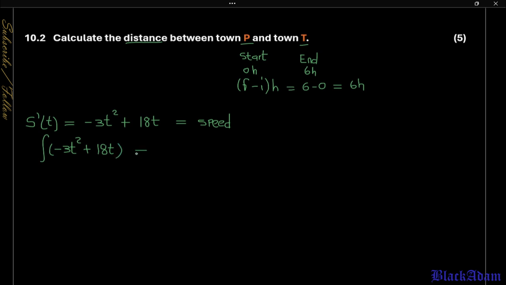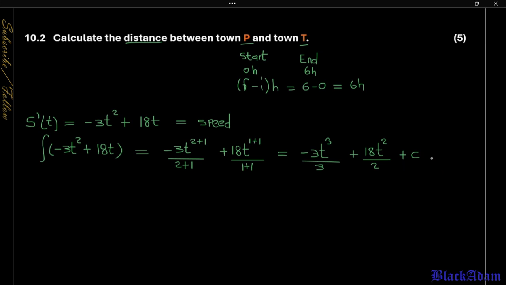When we integrate, that's minus 3t to the power 2 plus 1, so we divide the term by 2 plus 1, and plus 18t, we just add 1 to the exponent and divide by 1 plus 1. That is going to be minus 3t to the power 3 over 3 plus 18t to the power 2 over 2 plus c, which is a constant, and all that is going to be our distance.